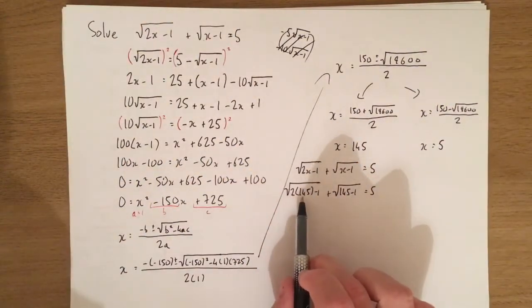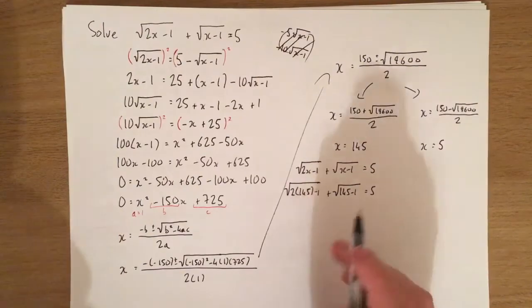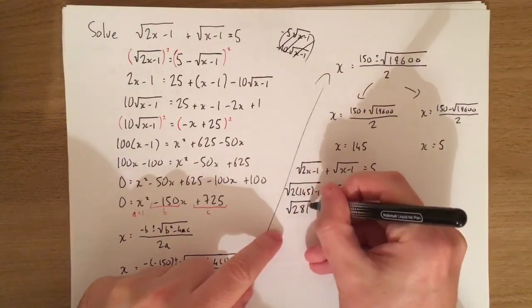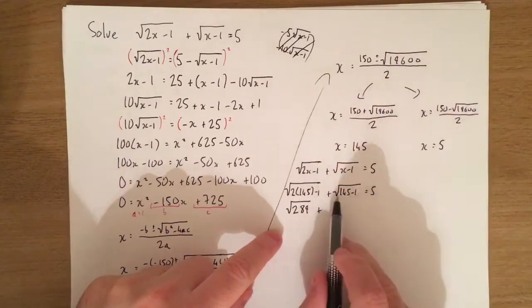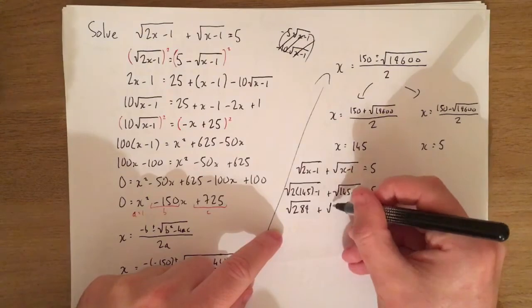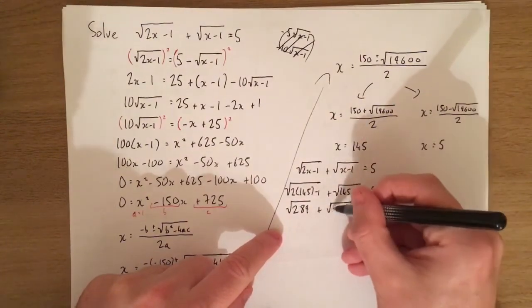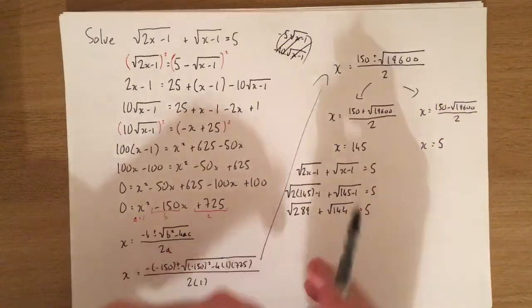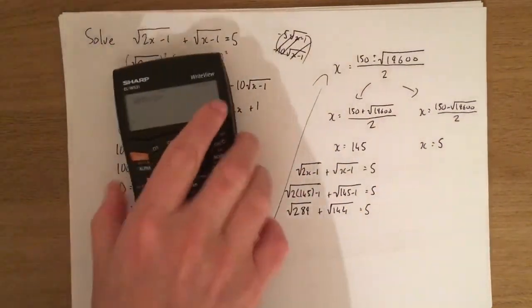So 2 times 145 is 290, minus 1 is 289. So root 289 plus, sorry, 145 minus 1 is 144. I'm skipping ahead of myself there. Is equal to 5.